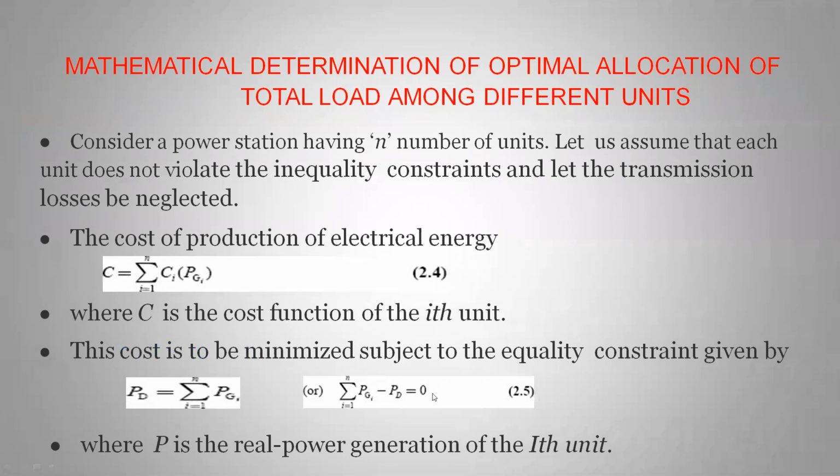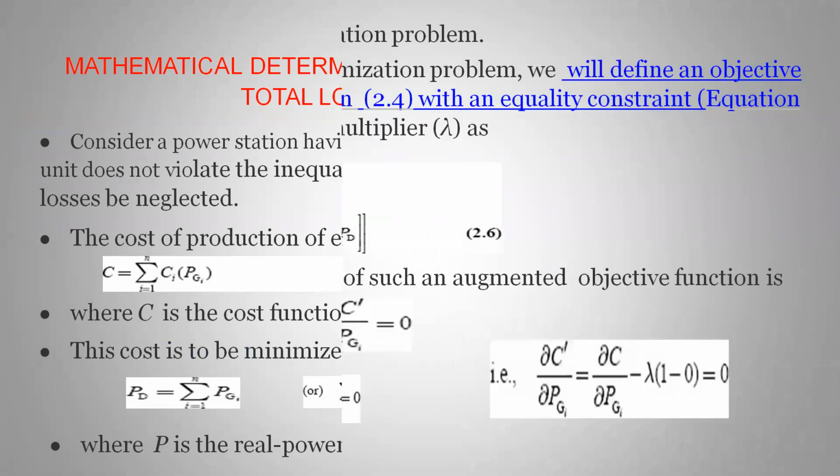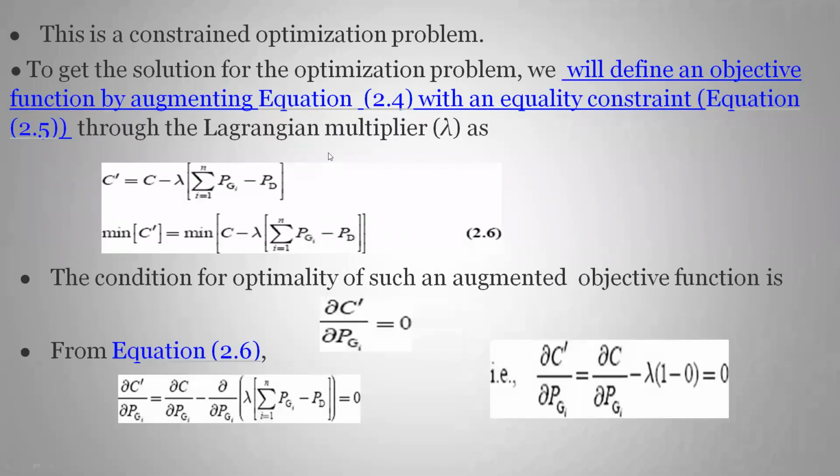This is the augmenting function. Okay, it is multiplied by the Lagrangian multiplier λ. So C' = C − λ(Σ i = 1 to n PGi − PD).